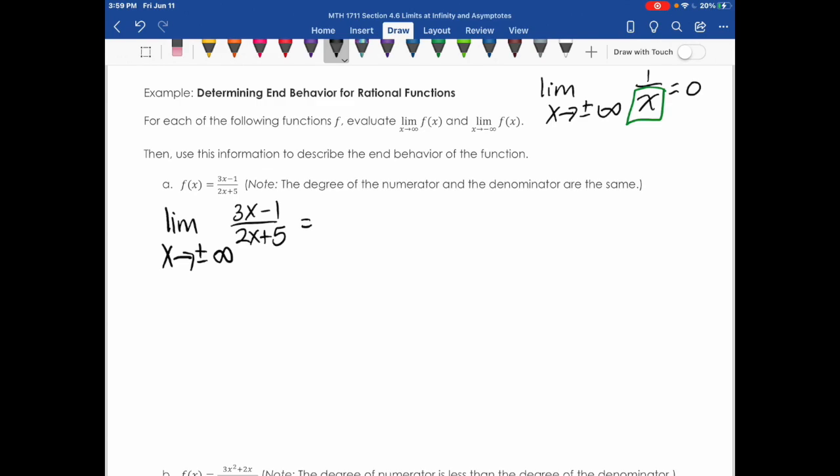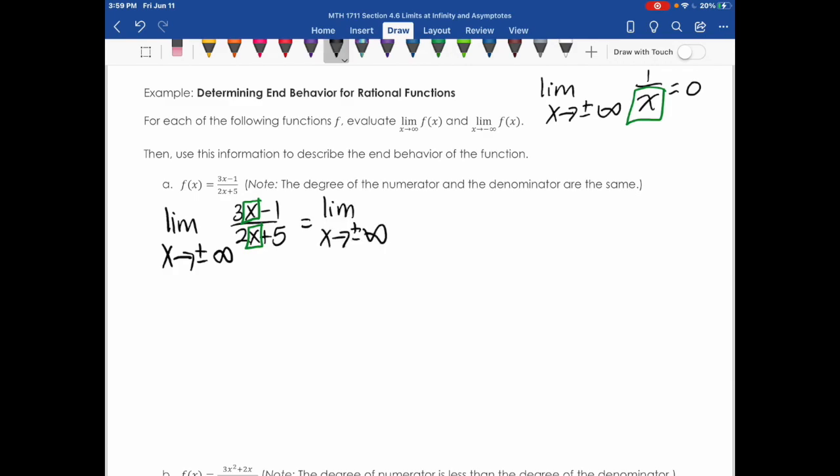Now, the algebraic trick to this is to look at all the x's in the expression. So we have an x here and we have an x here. Now, we're going to find the x that has the largest exponent, and whatever that is, we're going to divide every single term by the x that has the largest exponent.